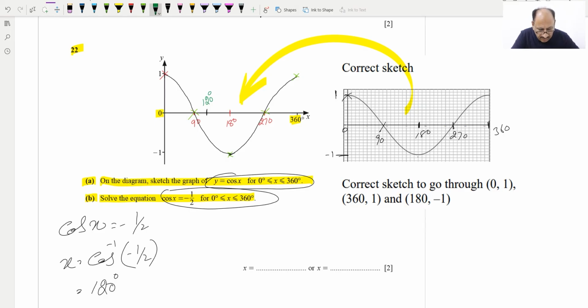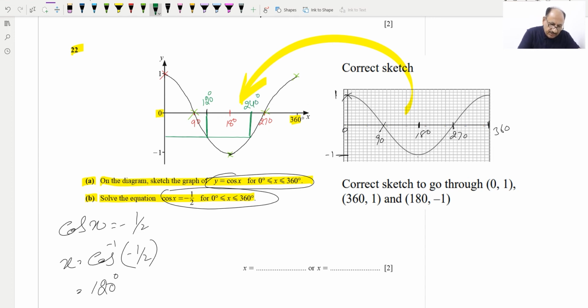And if we indicate the line, 120 will be this line, and then if we draw a straight line like this one, it will be over here. I'm just drawing a thicker line so that you can see. So it will be 30 degree lesser than 270, so it will be 240 degree.